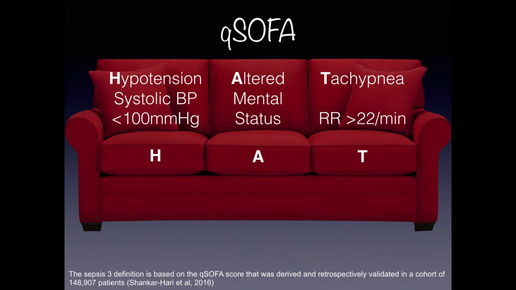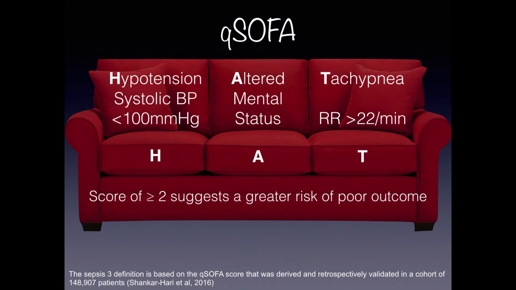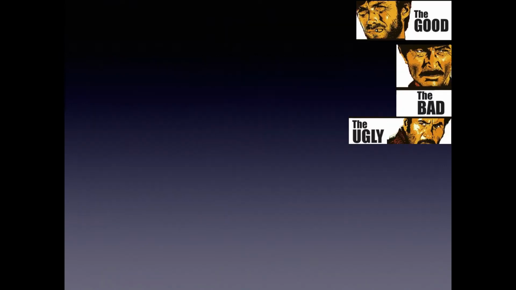So just remember, for qSOFA, you just need 3 things. And that's the only thing you need to score somebody with the qSOFA. And anybody that gets equal to or greater than 2 of these has a greater risk of poor outcome. And this is something I want you guys to key in on. It's a greater risk of poor outcome, or a greater predictor of poor outcome, not necessarily identifying patients that have sepsis. We'll talk about it a little later.